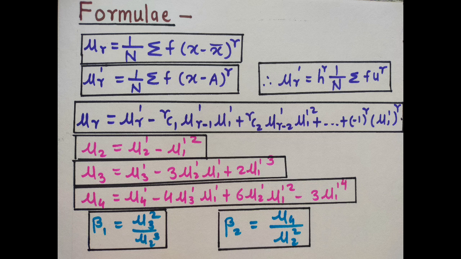Mu 2 is the second central moment, mu 3 is the third central moment, and mu 4 is the fourth central moment.